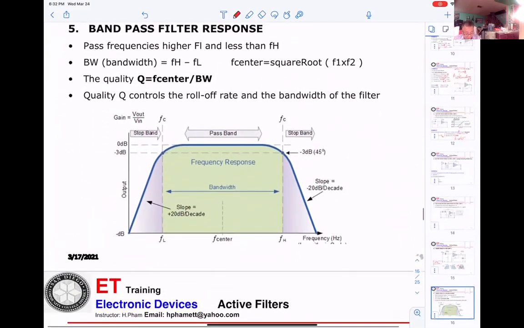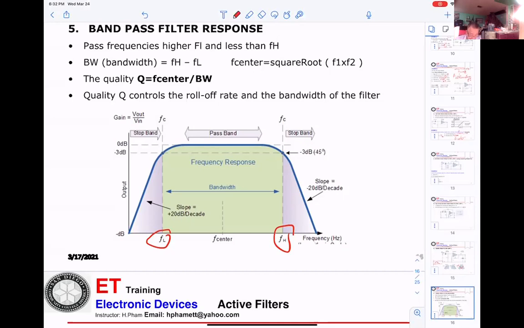This gives you more of a picture. It passes frequencies higher than F low and less than F high. From F low to F high, you get the bandwidth. Bandwidth equals F high minus F low.